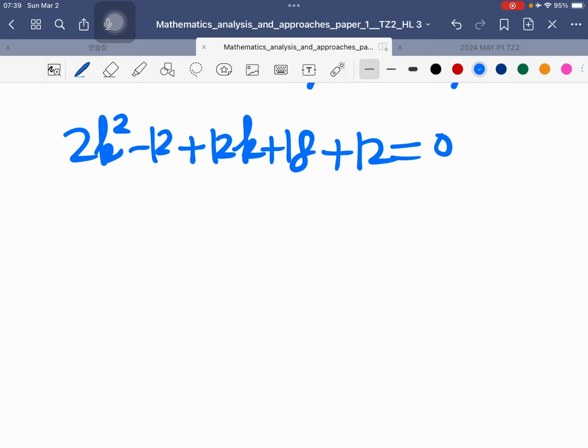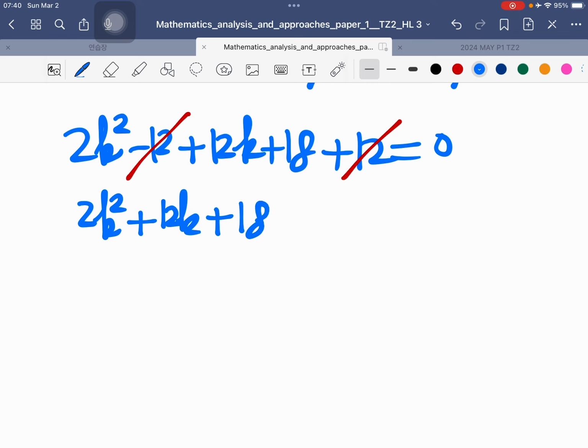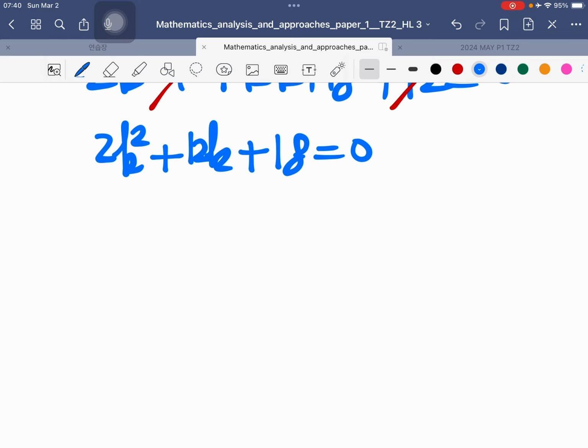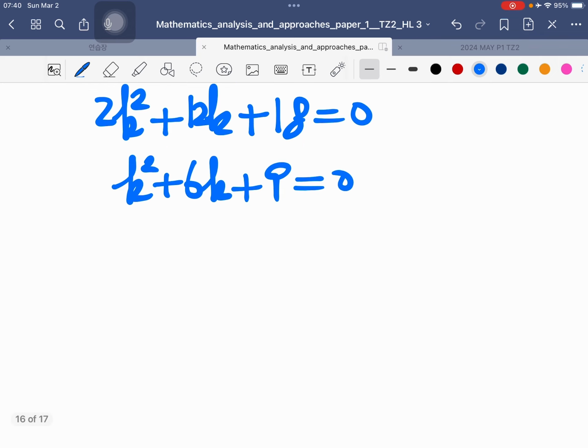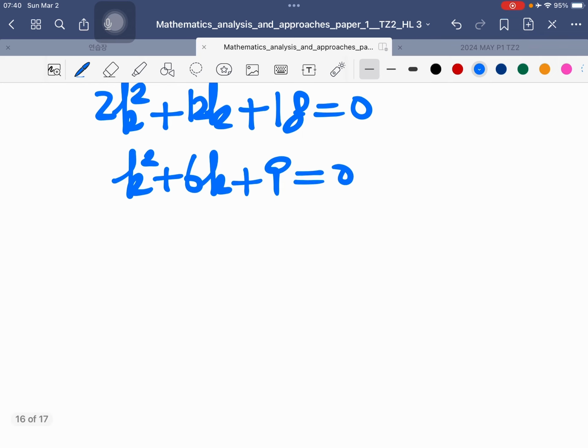So let's simplify a little bit. 2k squared plus 12k. The negative 12 and positive 12 cancel out, and what is left is plus 18 equals 0. Divide both sides by 2, which gives us k squared plus 6k plus 9 equals 0.